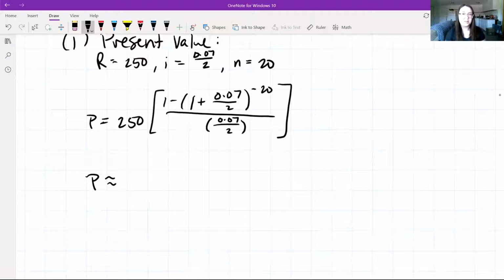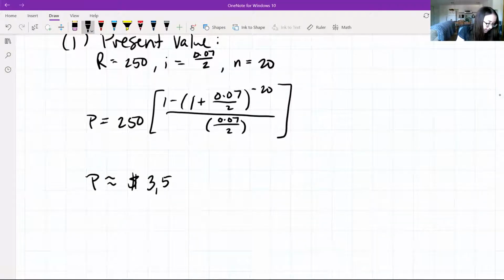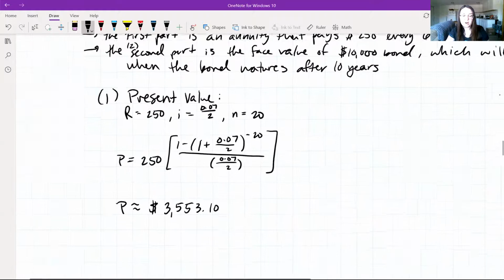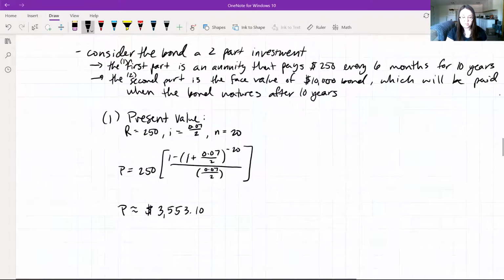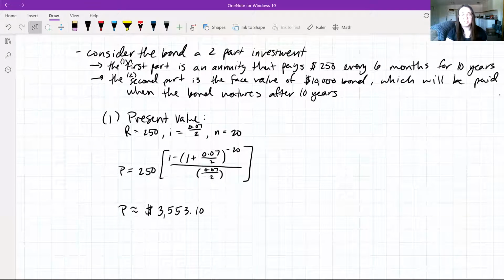As always, I invite you to calculate this value on your own. And you should get $3,553.10. So we're going to say our present value is $3,553.10. And we want to find our face value of our $10,000 in 10 years.